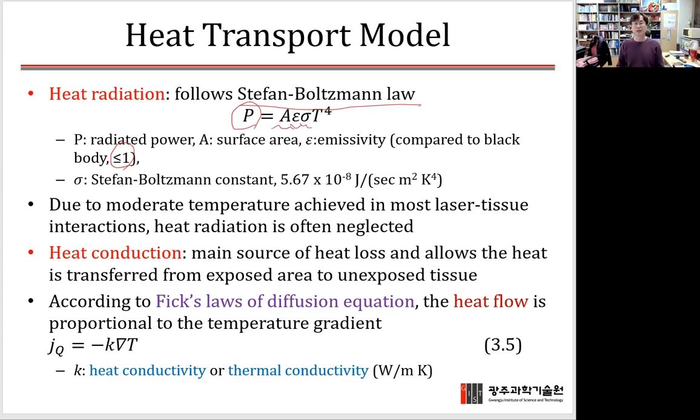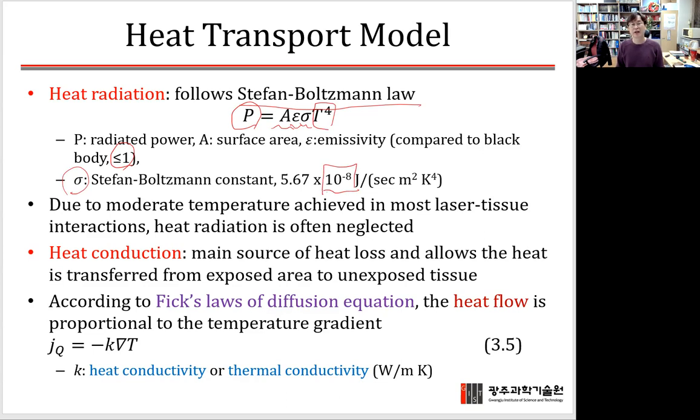So as you can see from this, to have noticeable radiative power from the heat radiation, the temperature must be very, very high because this sigma value is very, very small. It's 10 to the minus 8.